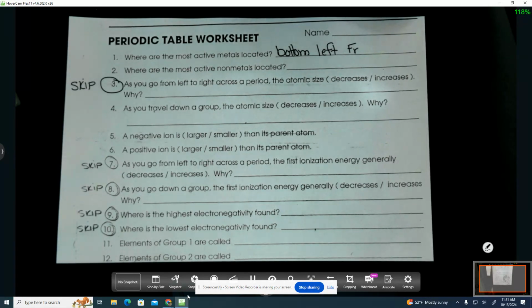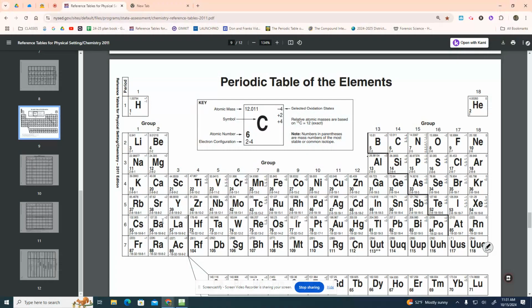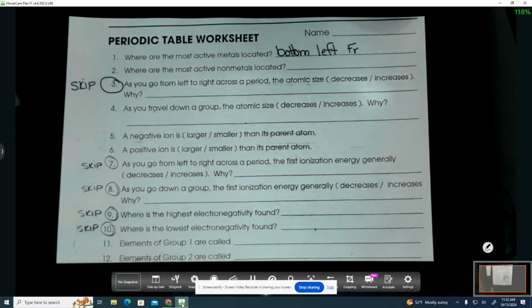Okay? So all of the elements that are in that first column, this first group right here, they all want to lose their electrons. But francium is going to lose them the fastest because that electron is furthest from the nucleus. Start to remember what the periodic table looks like so that it all starts to make sense.